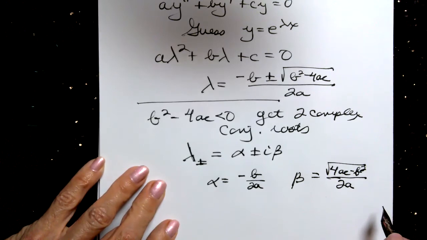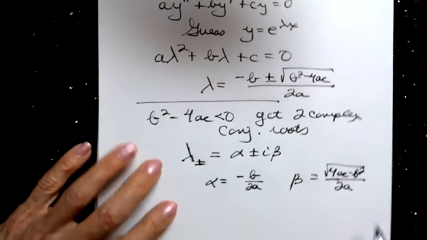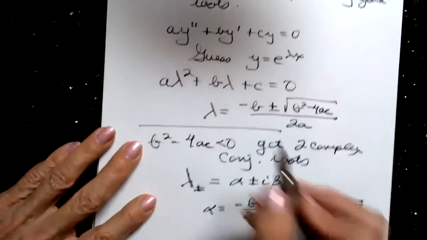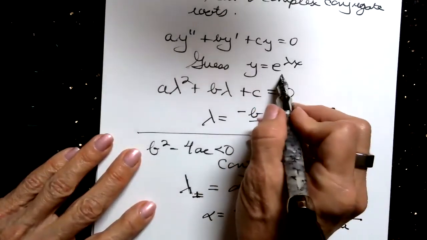Now we want to know how to write down the solutions. We need two linearly independent solutions, which means that one is not a multiple of the other, and they're both going to be of this form.